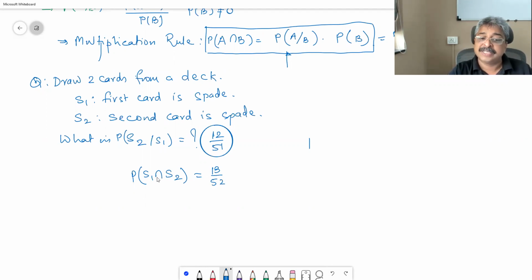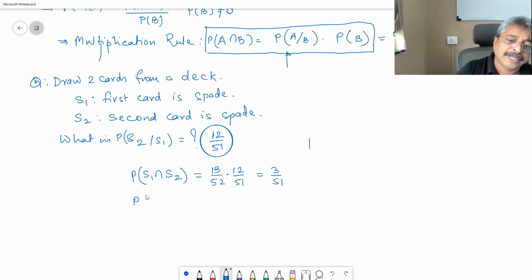And because this is intersection, our English "and" in combinatorics means multiplication. So probability of first spade 13 by 52 and probability of second card spade, which is 12 upon 51. So P(S1 intersection S2) is this quantity. How much is this? 3 upon 51.